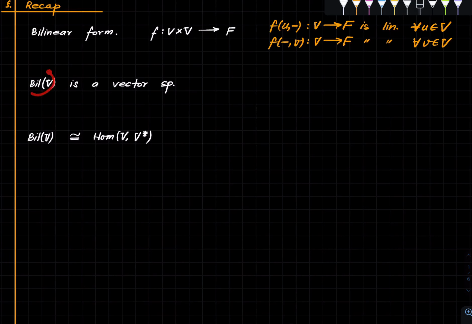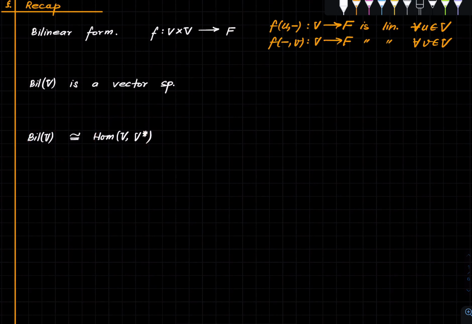And the set of all the bilinear forms on a vector space V is in itself a vector space. The addition is pointwise and the scaling is pointwise. We saw that this vector space is actually in a natural way same as this vector space. So what was the identification?